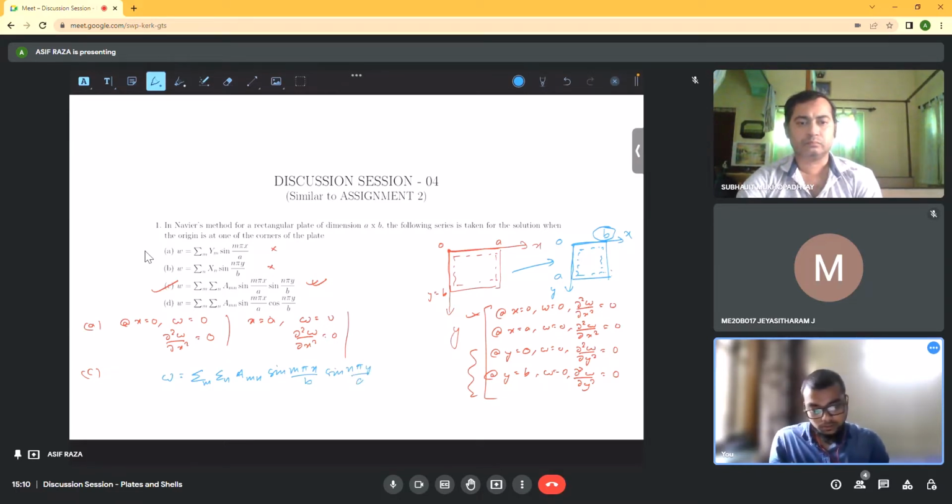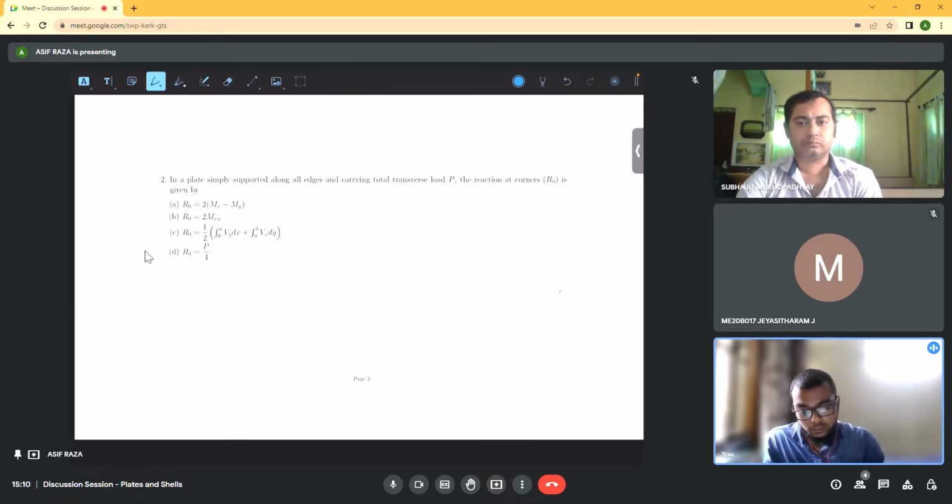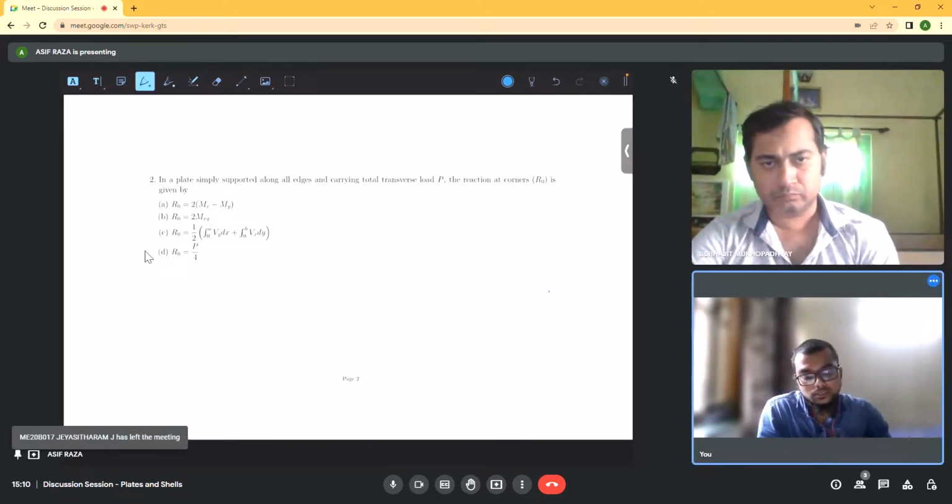Let's move on to the second question. There is a plate simply supported along all edges carrying transverse load P. The reaction at corners R naught is given by.